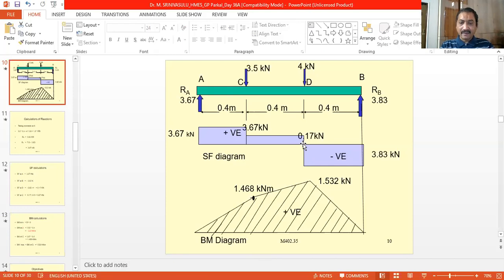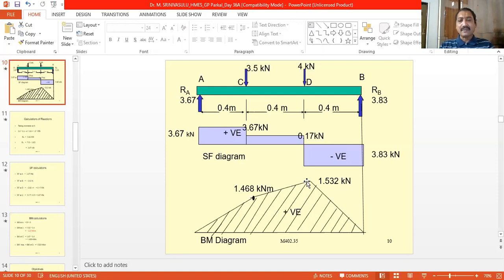Therefore, whenever the shear force changes sign from positive to negative or negative to positive, the bending moment will be maximum at that point. So the bending moment is maximum at point D, and that value is equal to 1.532 kilonewton meters.